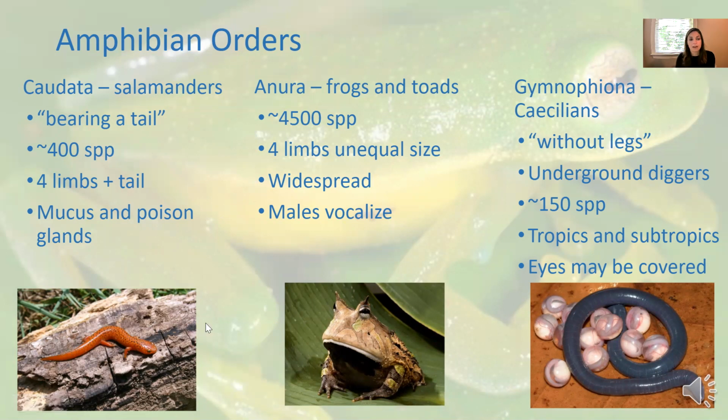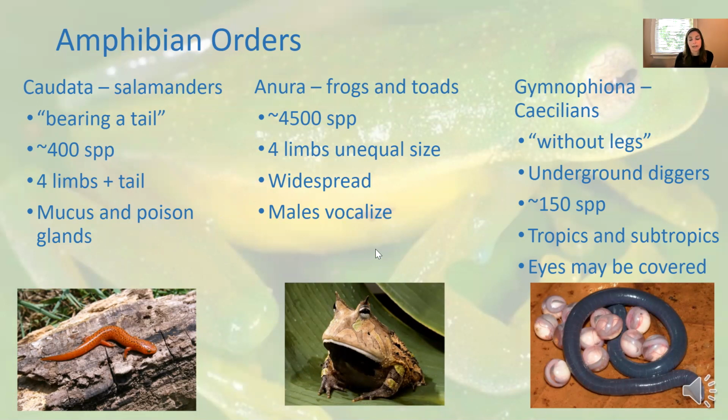Some salamanders have mucus and poison glands. That doesn't really differentiate them from Anura, as some frogs and toads have that too. So in Anura, there's about 4,500 species, so way more. Again, this is where the bulk of amphibians lie. They have 4 limbs, but usually the back limbs are bigger than the front limbs, so they're unequal size.